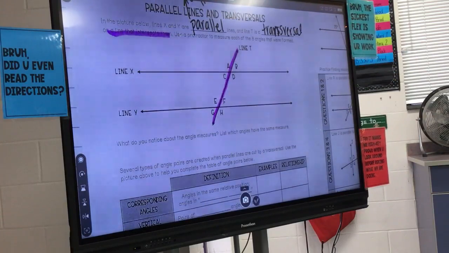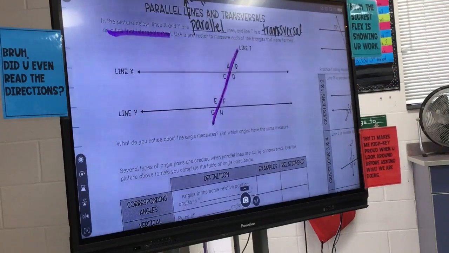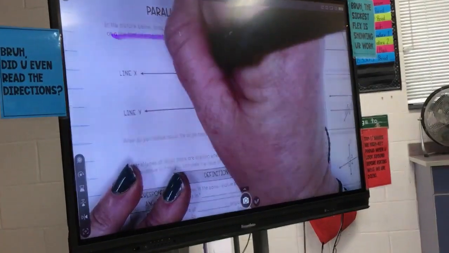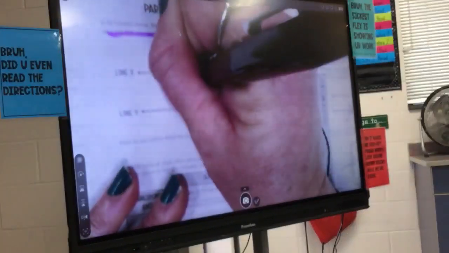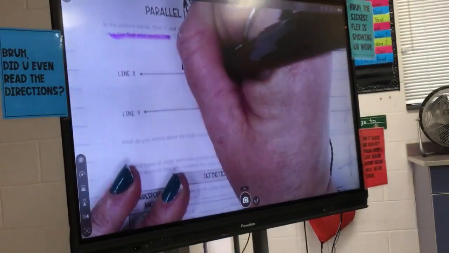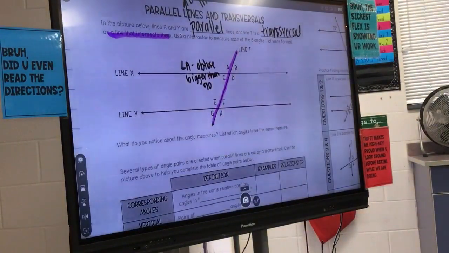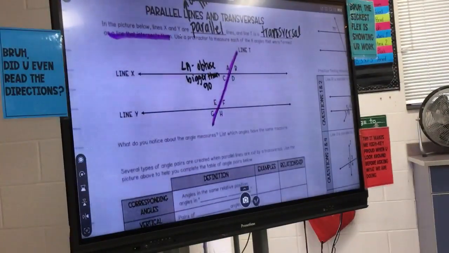So, angle A, is it an obtuse angle or is it an acute angle? What does the word obtuse mean? Raise your hand. Wider than 90 degrees. Yes. So, angle A is obtuse, bigger than 90. So then an angle that is smaller than 90 is what? Acute.